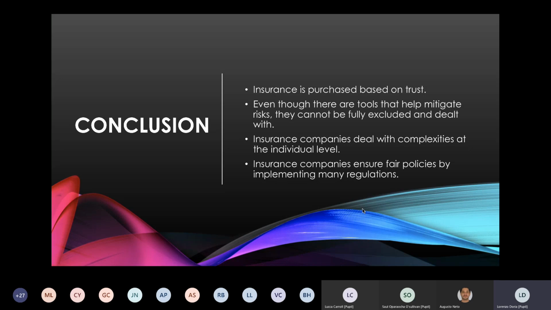So the free rider problem wouldn't happen, because instead of having an average insurance premium, they would calculate a deal which is ideal for you, and not for a person who has the same general characteristics as you. So this is one of the ways they could avoid this problem.